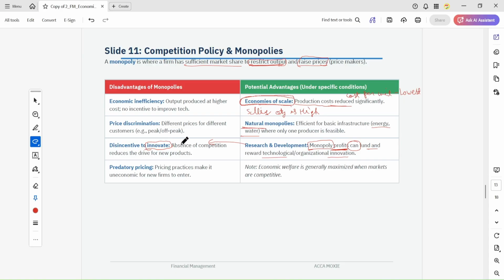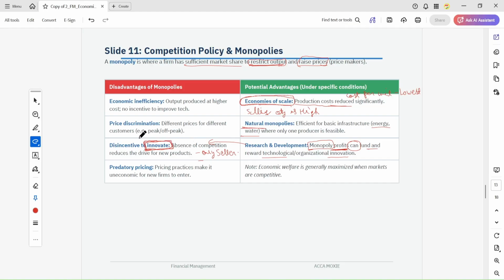Because you know that your product will be sold, since you are the only seller. You don't put much effort into innovating, so you just keep producing that product for so many years. That is the lack of innovation when you are in the monopoly.